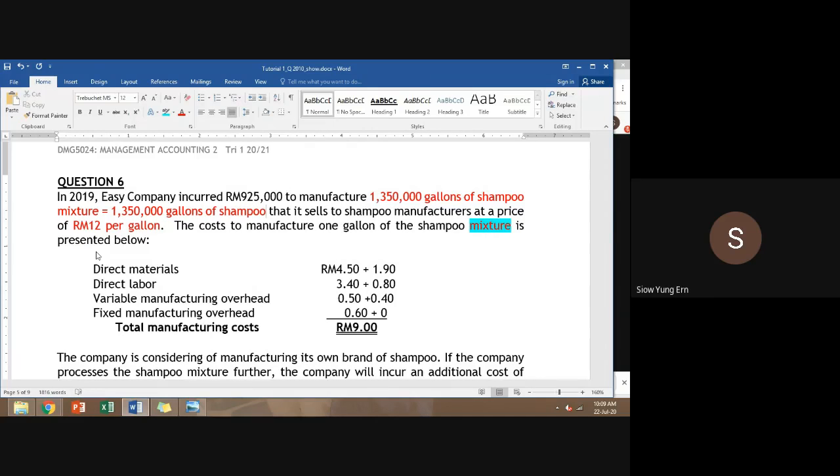That means no loss in weightage. The same amount of shampoo mixture will yield the same amount of shampoo. Same quantity. 1.35 million gallons, 1.35 million gallons. Okay, so they assume that there are no changes in the total quantity of your output.